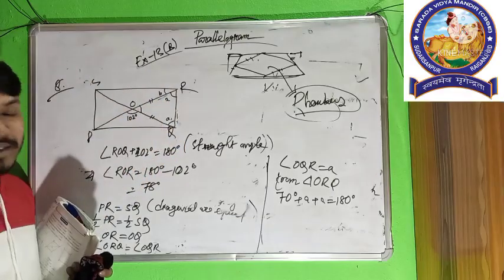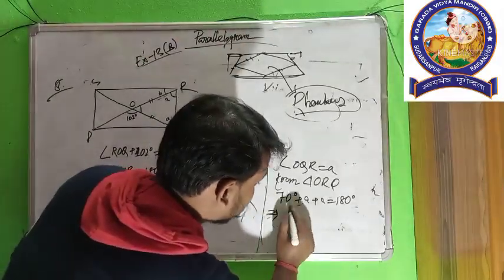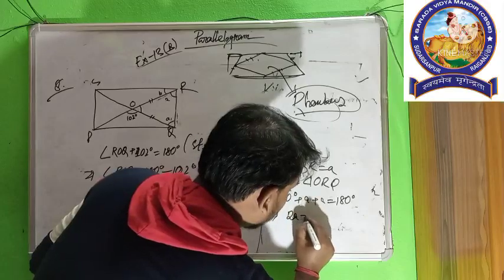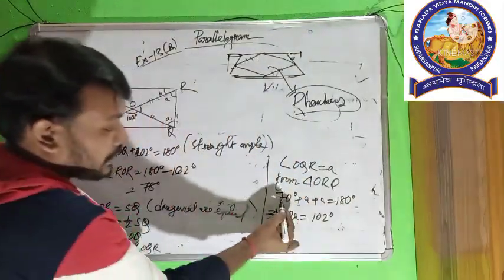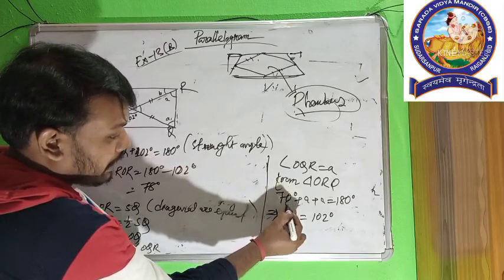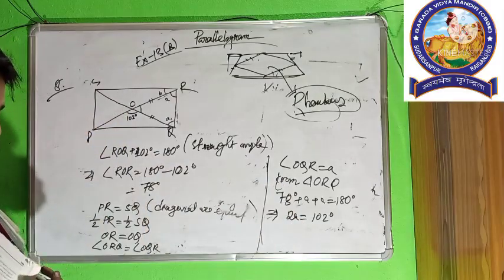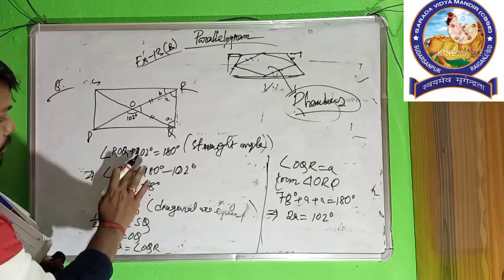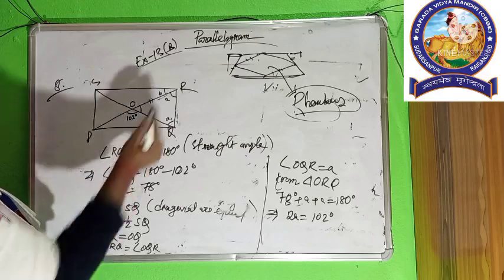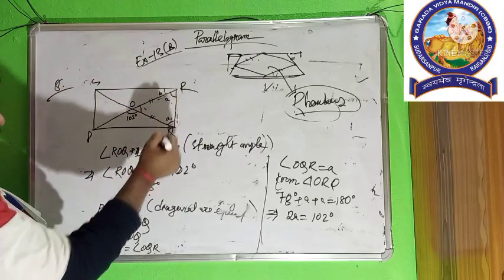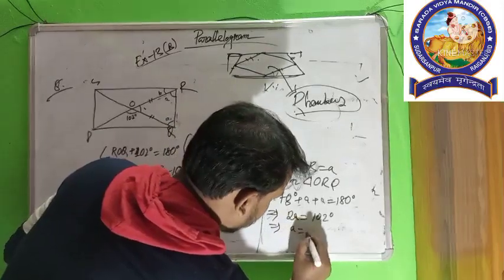From here also the same thing comes. 180 minus 102 is 78, not 70. And here also I wrote it wrong. ROQ is 78, so 78 plus a equals 180. Therefore, a equals 51 degrees.